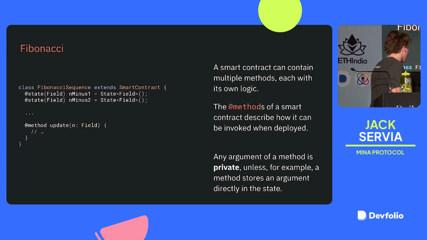And it's worth kind of calling out here that this value is actually private. Anything that we pass into these user-defined methods is private until the point that it gets mutated and emitted in an event or used to update some sort of on-chain state. So of course the state of the blockchain is public and the events and stuff are public, but the actual execution of this code is not public. You do it yourself in your browser, and you only share a zero-knowledge proof that says that you did it correctly, and then any meaningful output of this.